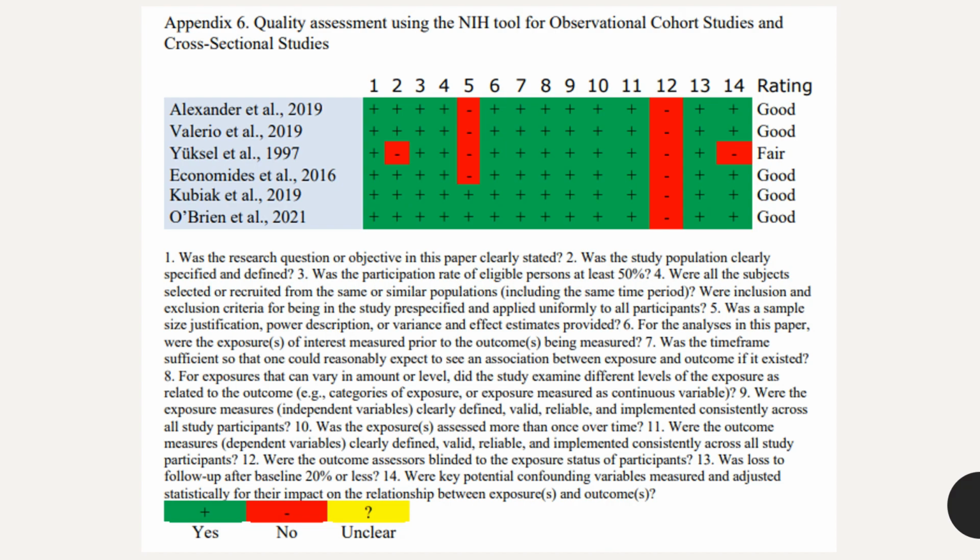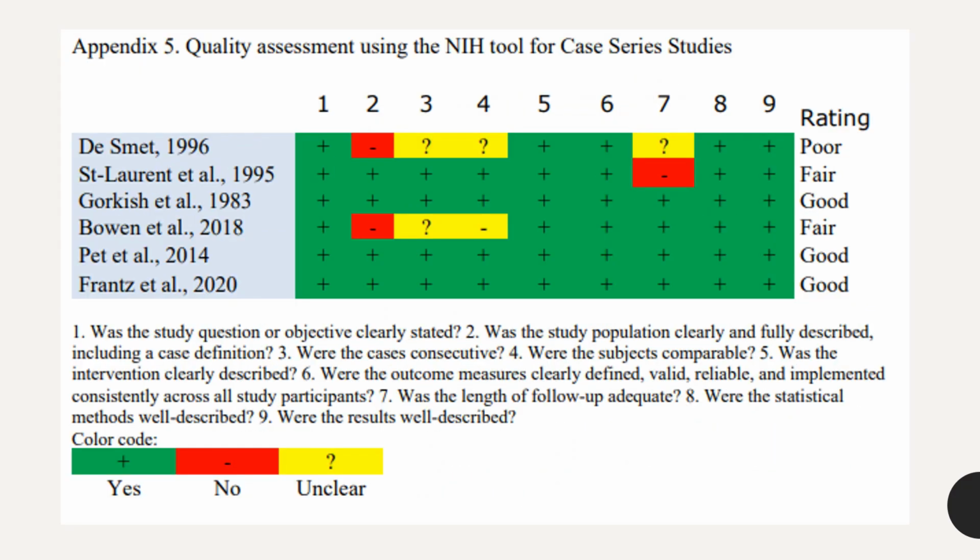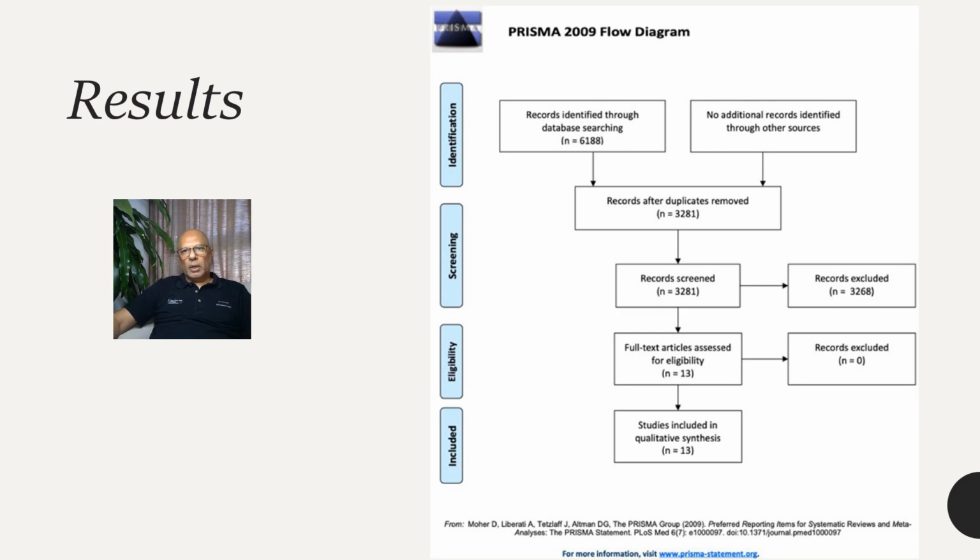Here is an example of some of the papers evaluated for observational cohort studies, using the 14 questions to assess quality. Here is a similar assessment using the recommended tool for case series studies. These are the papers, and this is how we assessed quality based on the 9 questions.